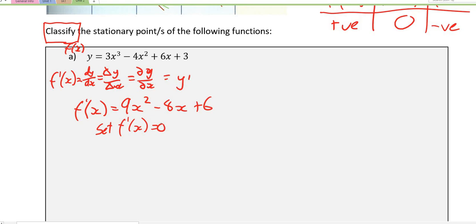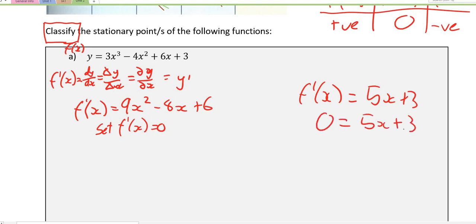Guys, you'll notice I keep writing this every problem we do. The reason why is particularly in your externals, they often have a mark associated with making a statement about things like this. And the other thing as well is, a lot of students will do this. They'll say, okay, f dash of x equals, I don't know, 5x plus 3. Then on the next one, 0 equals 5x plus 3.